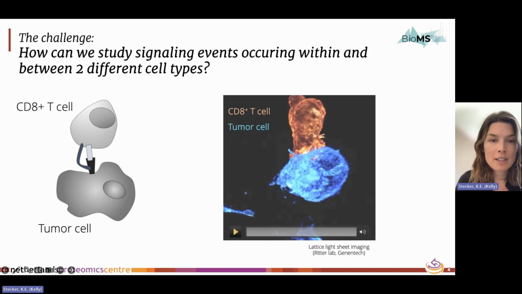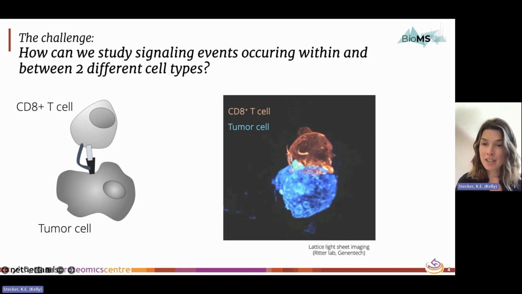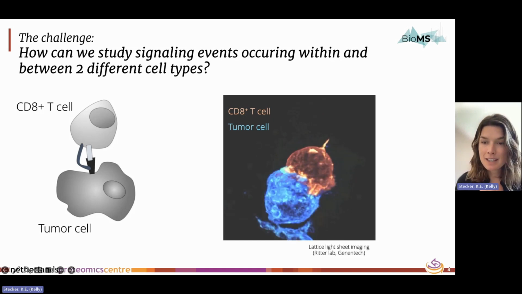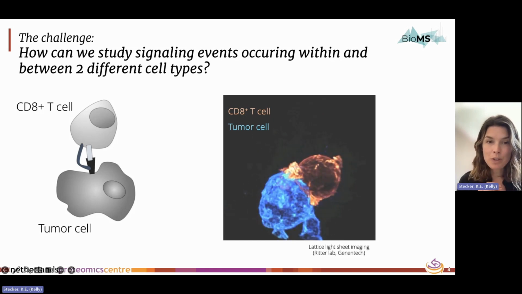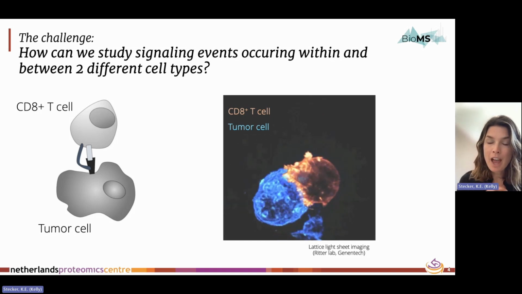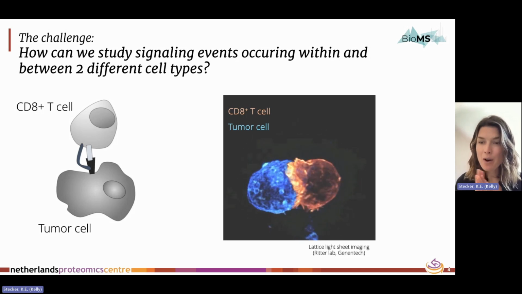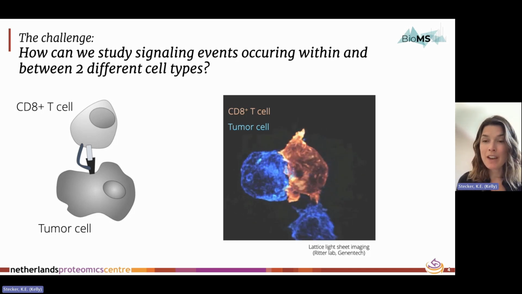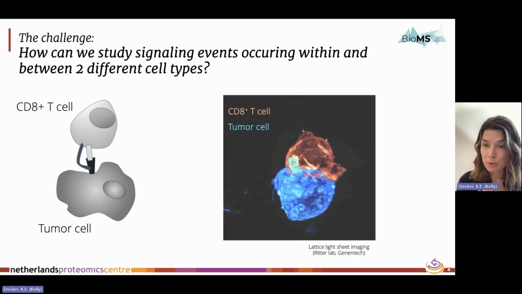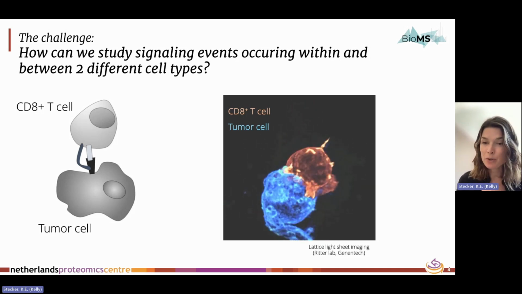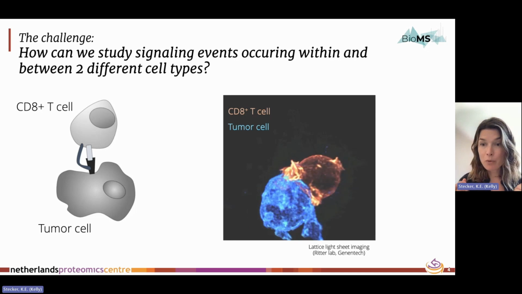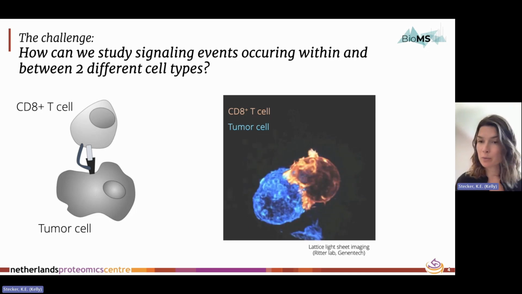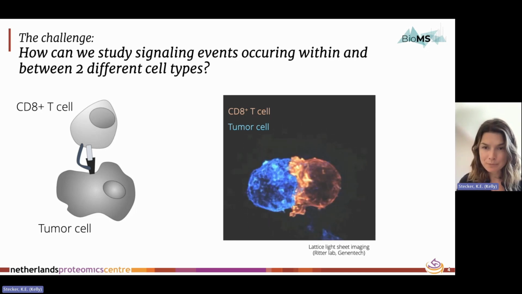So here in this video, I'm showing live cell imaging of a T cell in red engaged with a tumor cell in blue. What you can appreciate from this video is how extensive this communication interface is. Really, a physical attachment is formed between these two cells, and it can be difficult to separate them for analysis for things such as phosphoproteomics, the sensitive measurements.